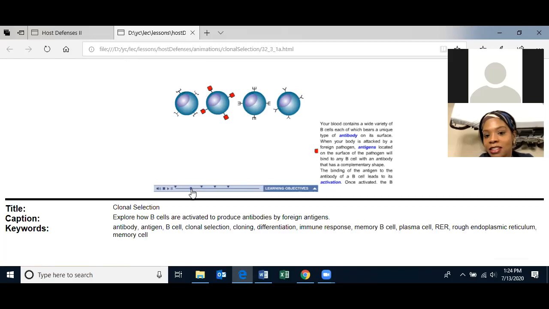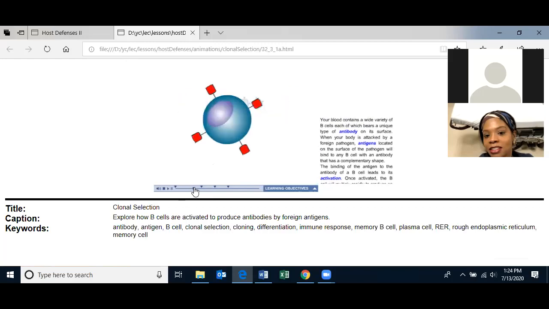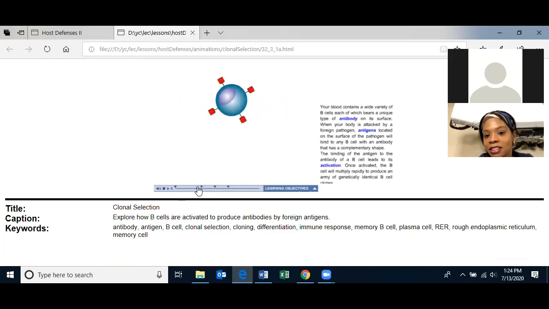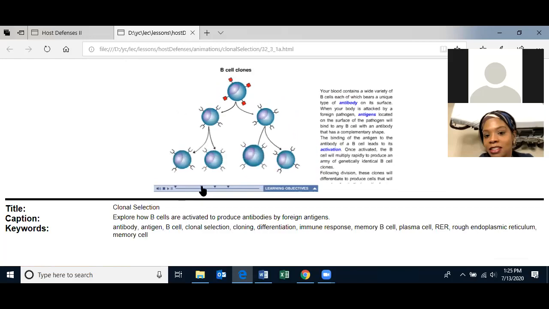And obviously a pathogen can have many epitopes, but we're going to ignore that and just talk about this one. And when this B cell gets stimulated, meaning that the antigen is binding to the B cell receptors, that activates that B cell, and then that B cell goes through clonal expansion, making an army of B cells that all react to that one specific antigen that first stimulated that B cell.